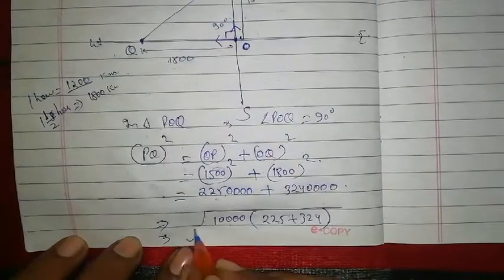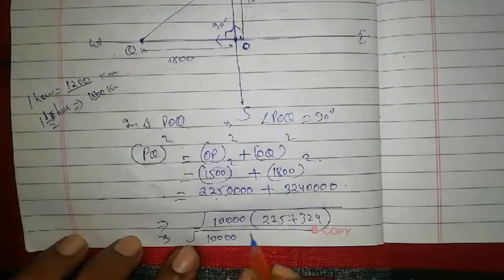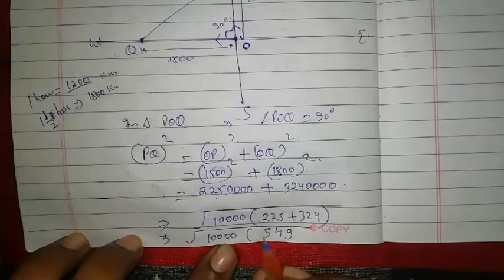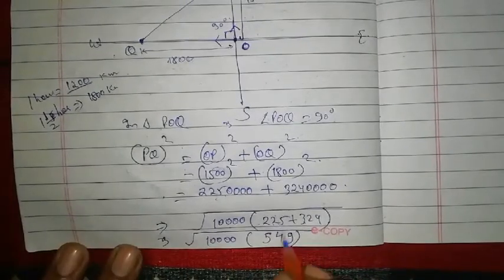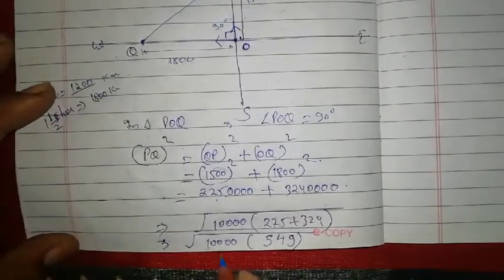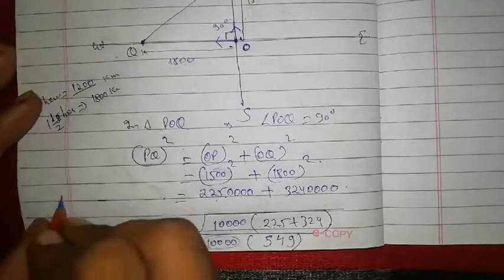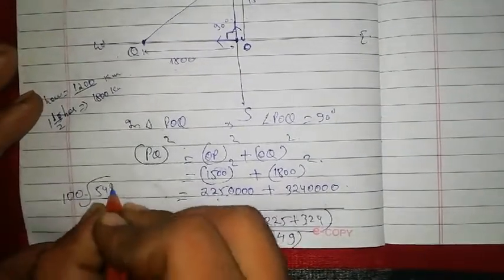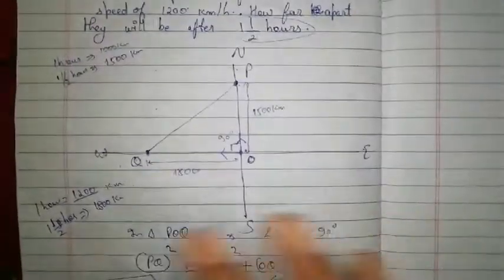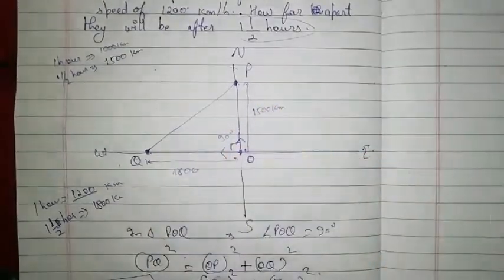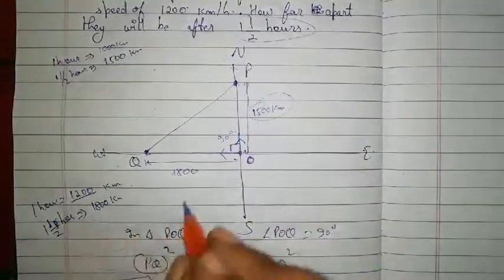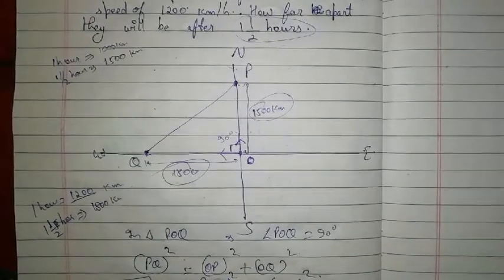And from here, look, this is root 10,000, 549, 225 and 324, 549, okay? And this is not a perfect square, okay? No perfect square is 549. Therefore this 10,000 can come out as 100 root 549 kilometer, which is the shortest distance between both the flights after 1.5 hour, because in 1.5 hour the first flight covered a distance of 1500 and the second flight covered a distance of 1800 kilometer, okay?